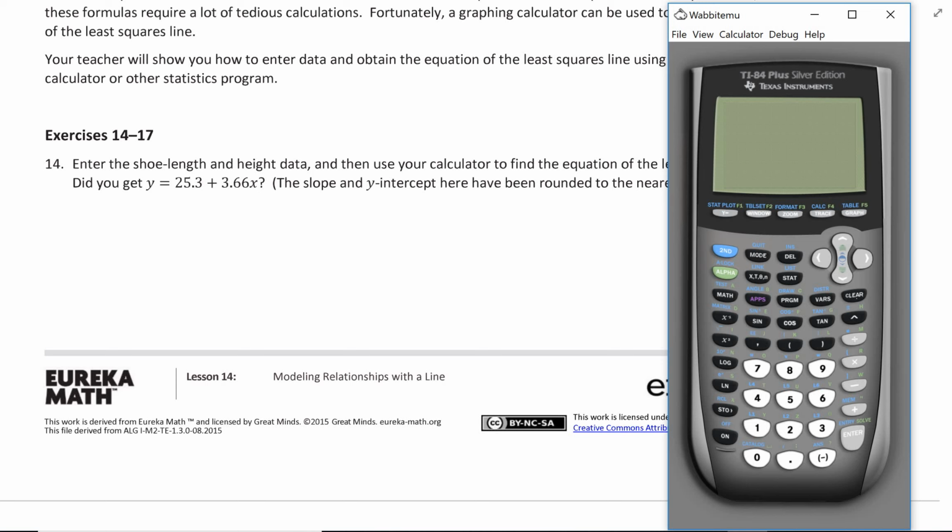First off, let me clear everything. Now, I need to put in the shoe sizes and the height into my calculator. In order for my calculator to burst out an equation, it first needs to have the data. So if I go to Stat, Edit, hit Enter, I have L1, L2, L3, basically lists. This is where you input your data.